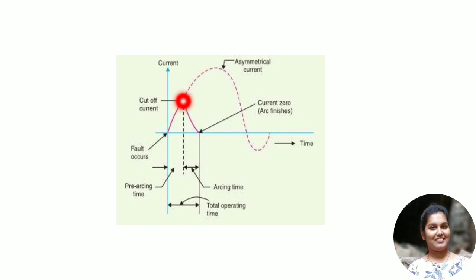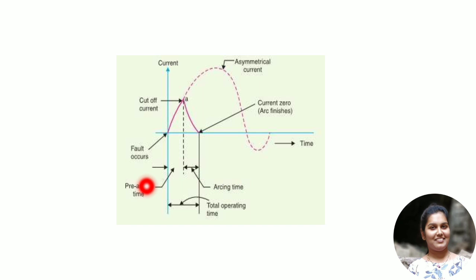The current which is now cut off will reach 0, as it does not have a 0 position at that point, it has some value. The time it takes to go from the cutoff current to 0 is the arcing time.